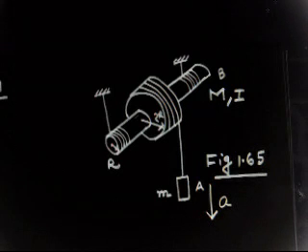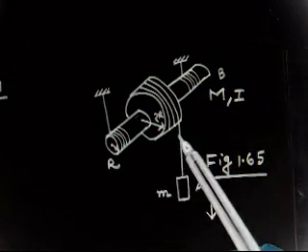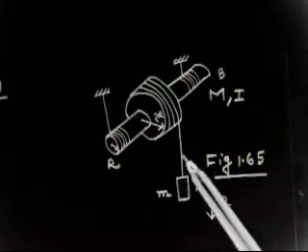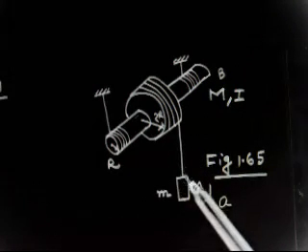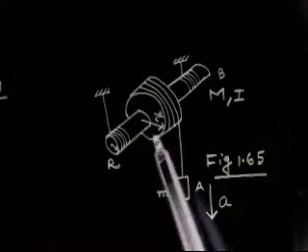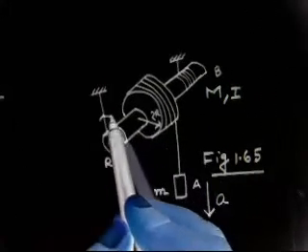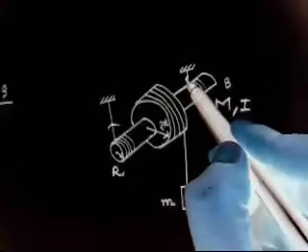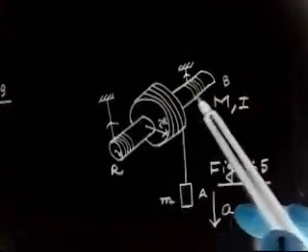Now let us try to visualize what will happen if you leave the system. If you leave the system, this mass will go down. If this goes down, this will start rolling. So this will roll, and there is a tension T here, and there will be tension T here, because things are symmetrical.